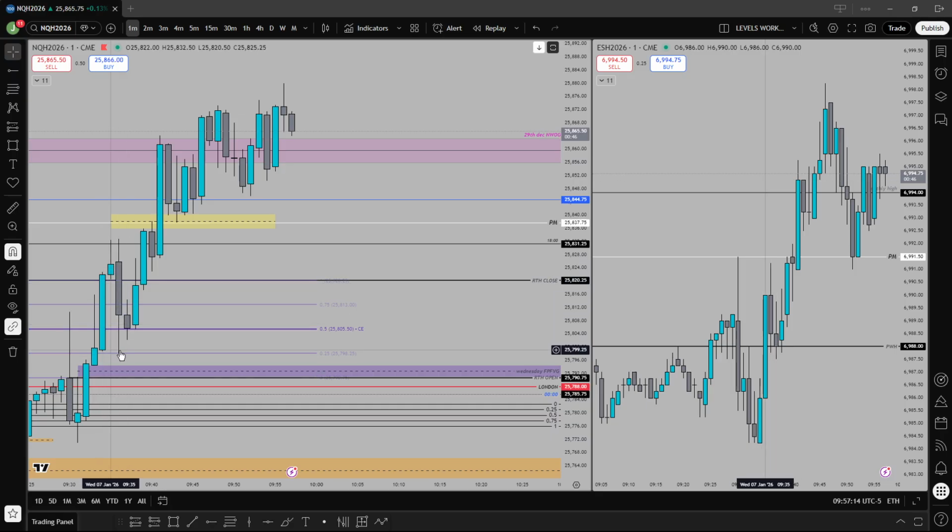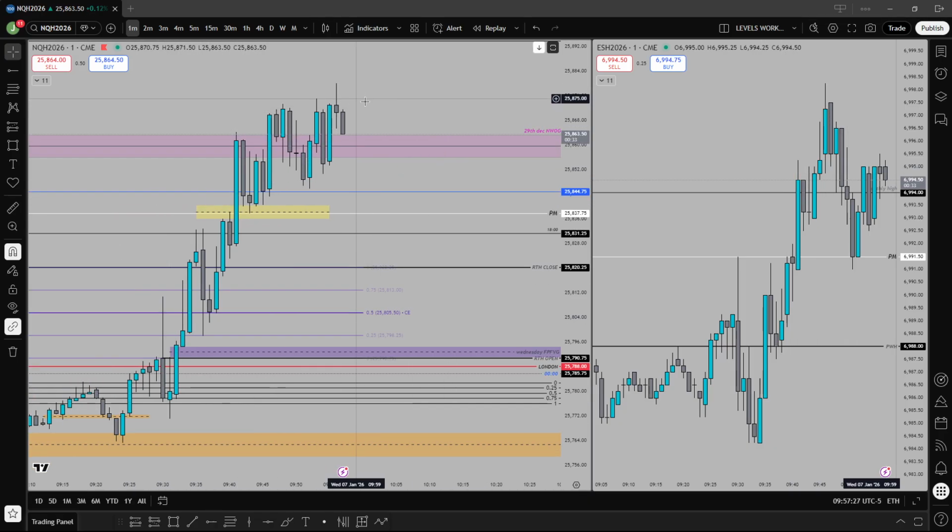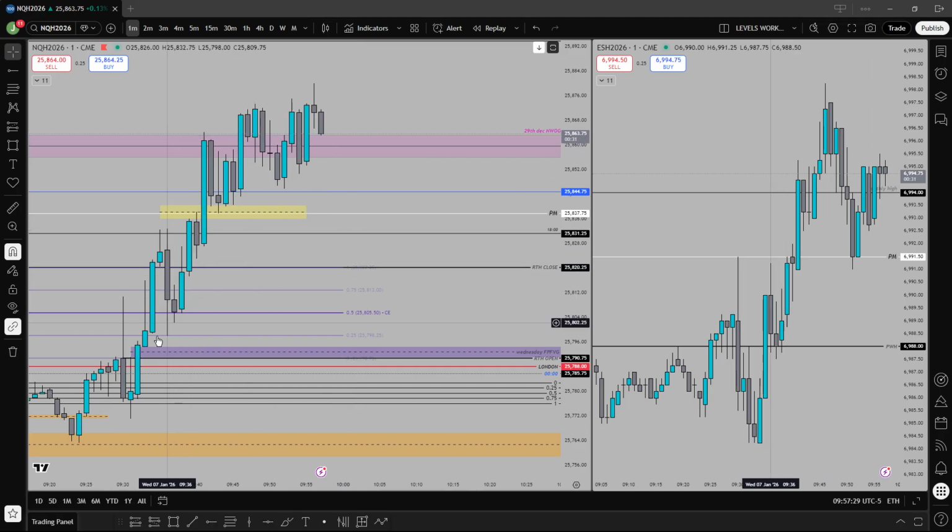Then the institutional order flow entry drill. As soon as we invert this gap, we may start to think that we're just gonna go and take this high. It wasn't a clean entry, but still.